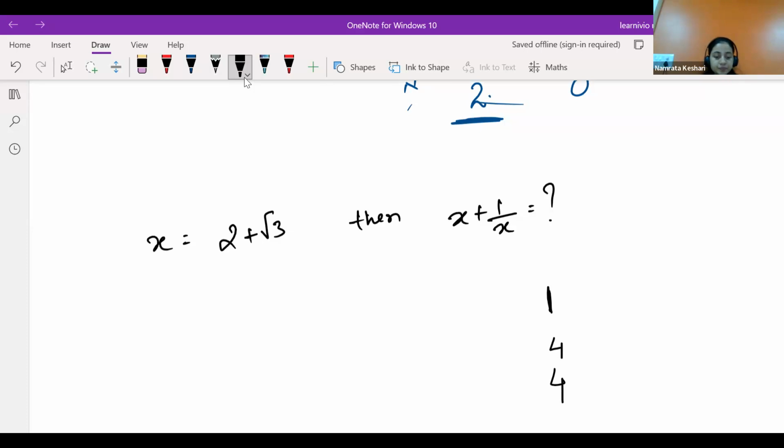Yeah, 4. I'm also getting 4. Okay, you are also getting 4. Yes, Tejas, what are you getting? Sara is getting 4. Everyone is getting 4.